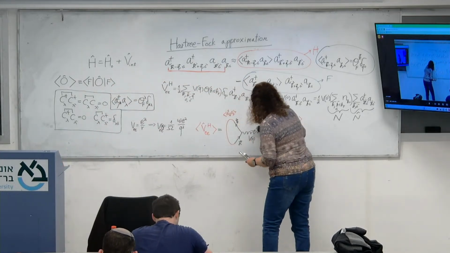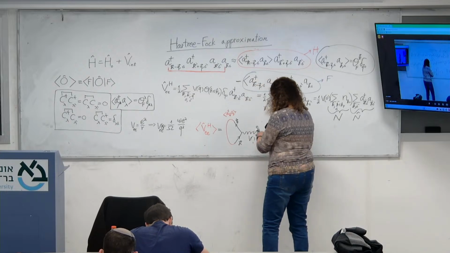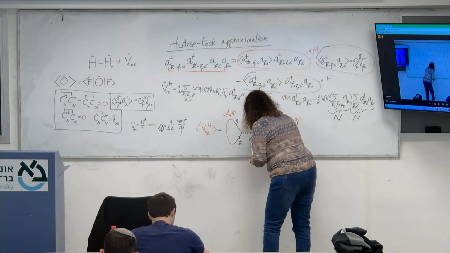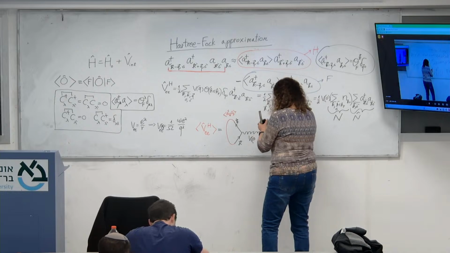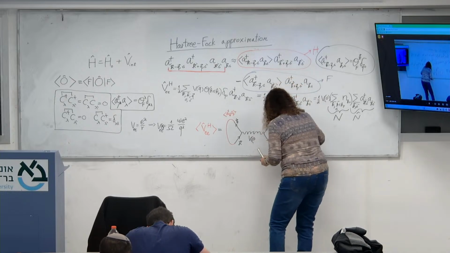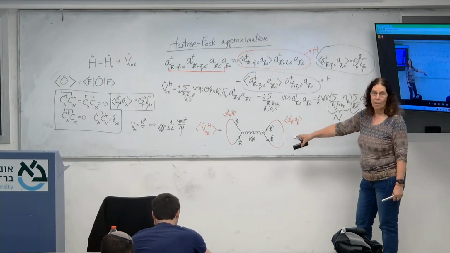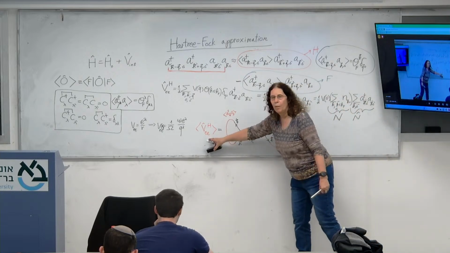Q must be 0, and this is v of 0. This diagram describes the Hartree, the expectation value of the Hartree part.